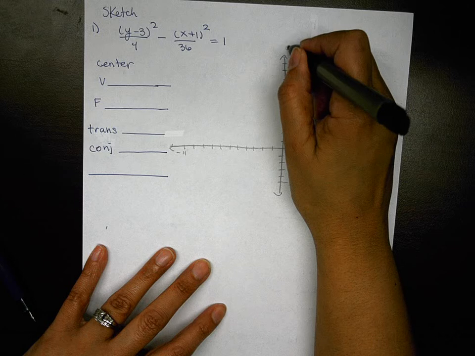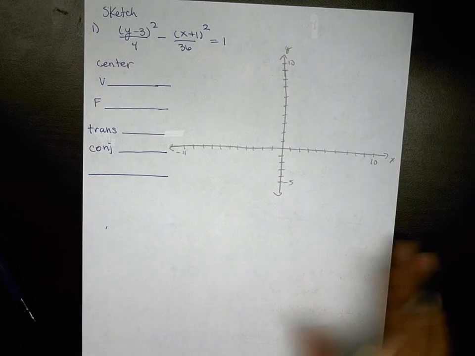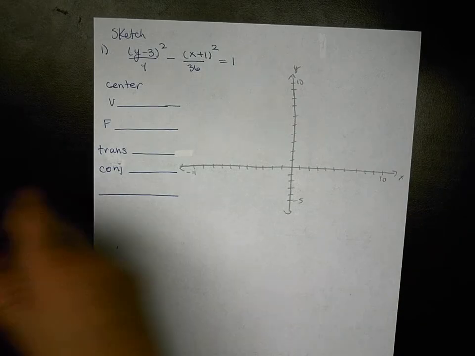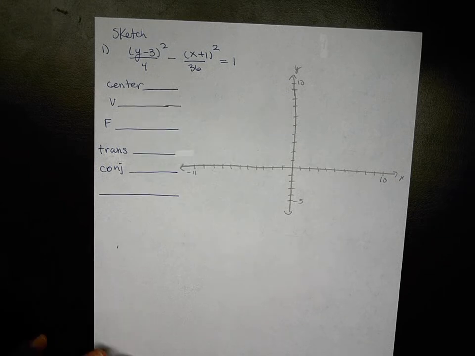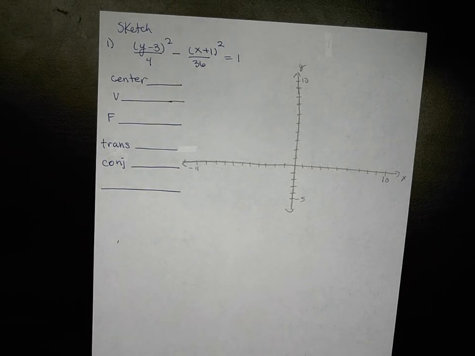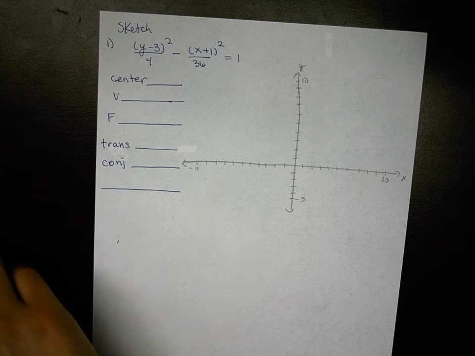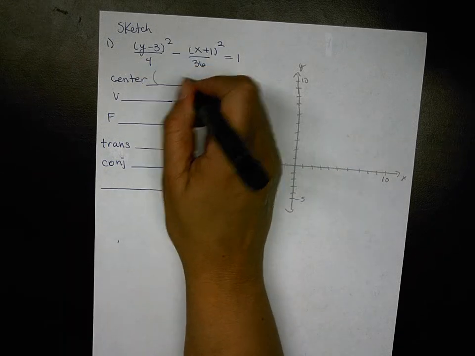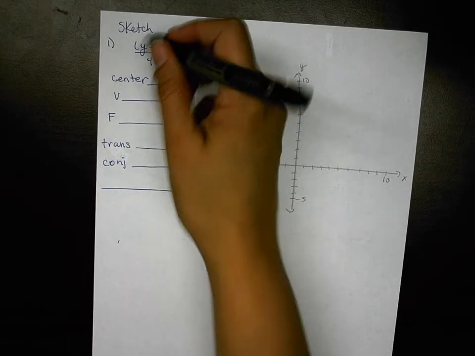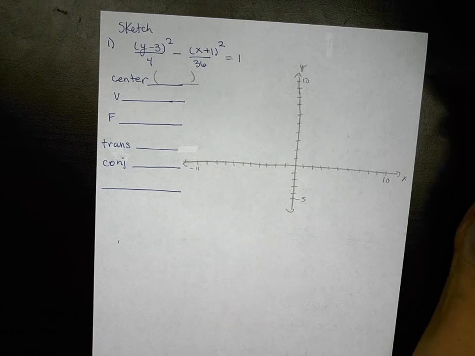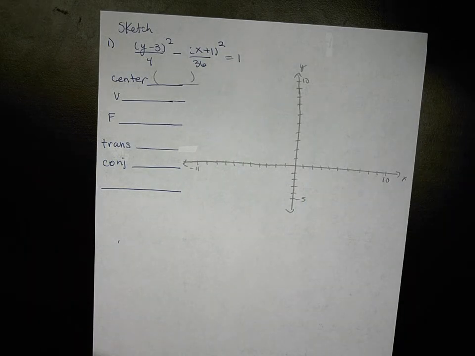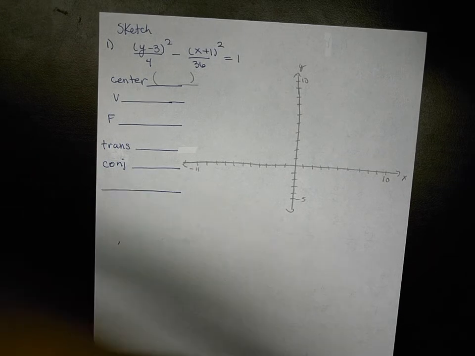All right, so the center, we all use the same formula, h comma k, opposite of the inside for both of them. And remember, it's not always first spot, second spot like it was with the ellipse. Keep in mind, if you mess up on the center, everything else is wrong. Your picture's wrong and all of this is wrong.